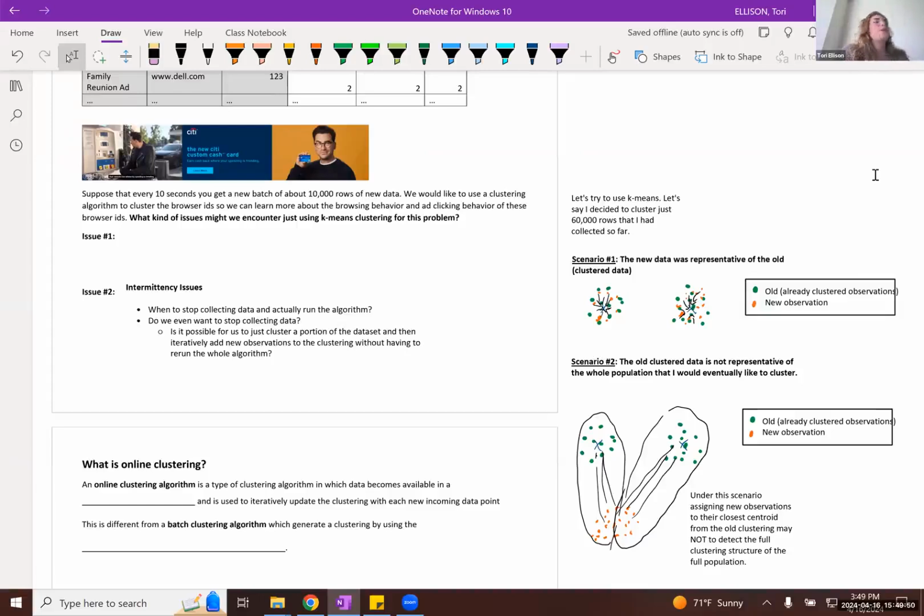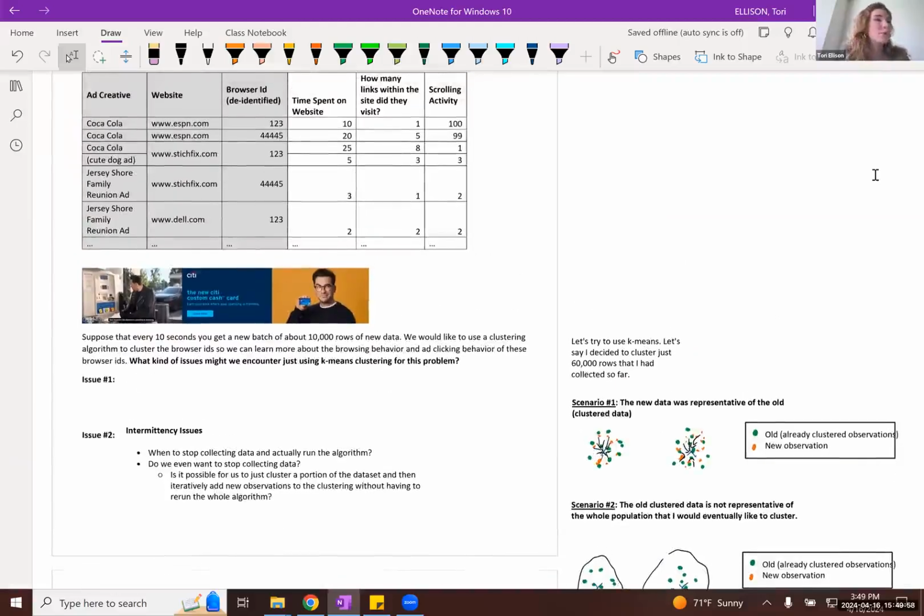So what's another issue that we might encounter? Let's just say we wanted to use k-means clustering to cluster 10 billion of these rows. So what do you think? Is k-means going to hack it?